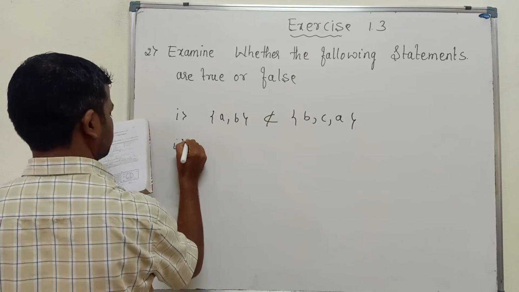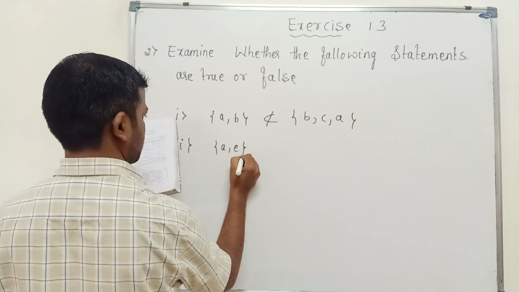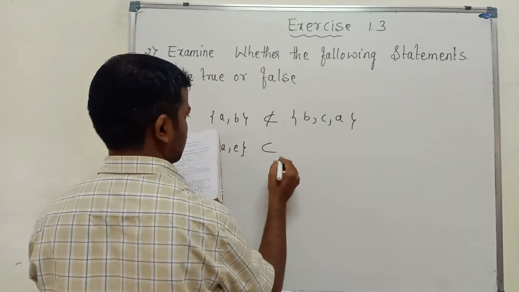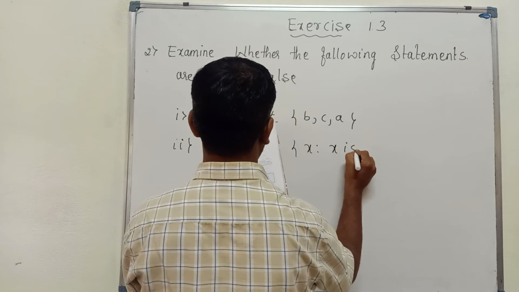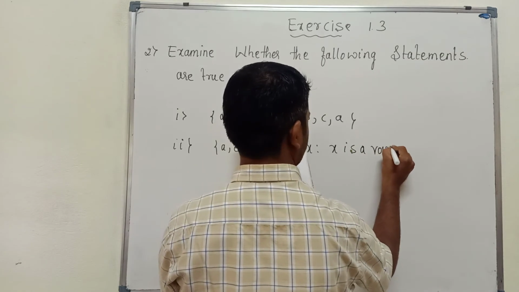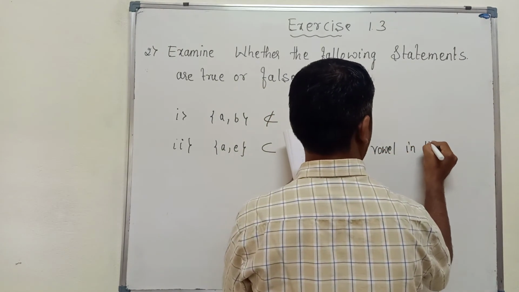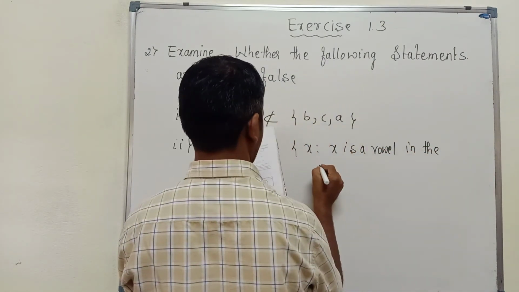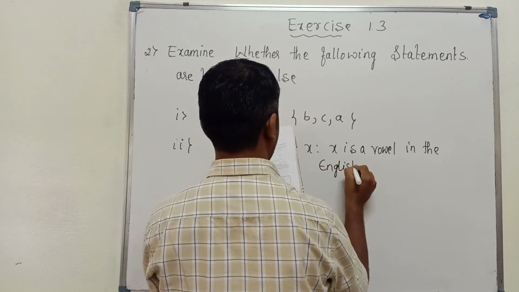Second one, {a, e} is a subset of X such that X is the vowels in the English alphabet.